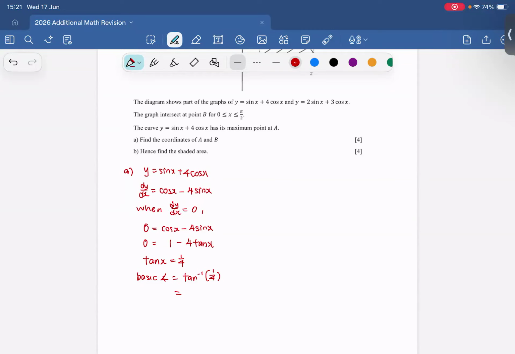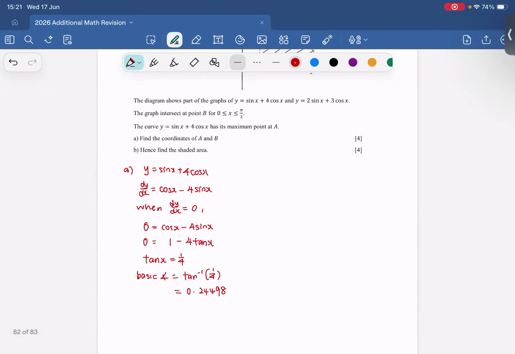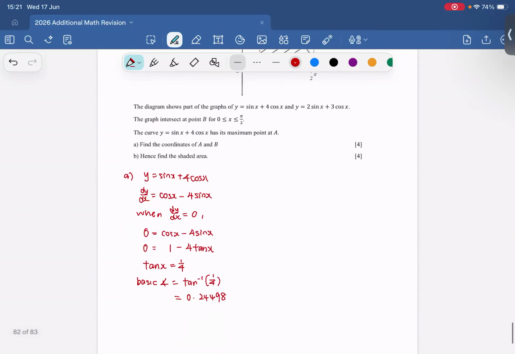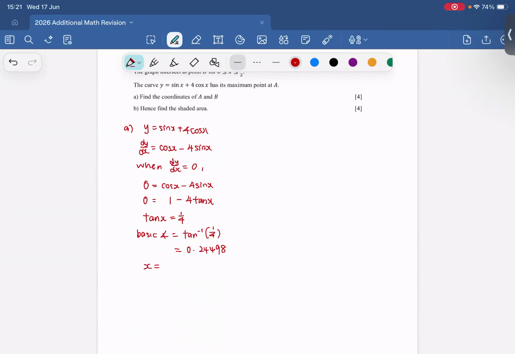Remember everything is in radian. Okay, and you can see that it's in the first and third quadrant, and this is the first maximum point, so you actually don't need to go and do quadrant. So x is just equal to 0.245.